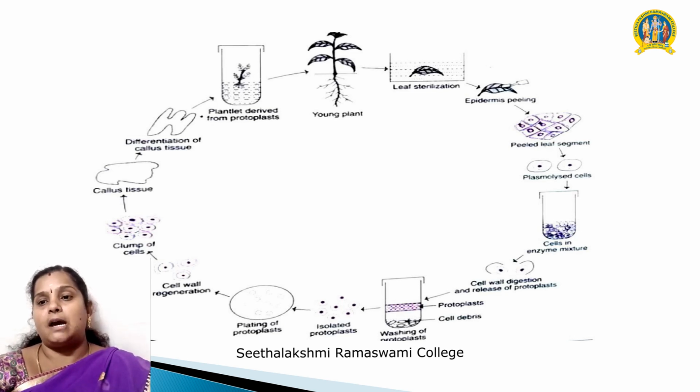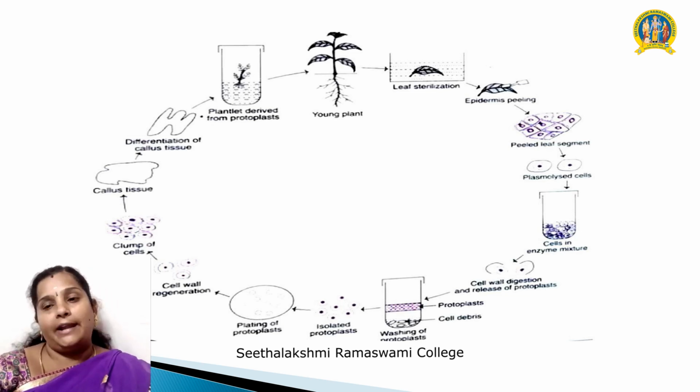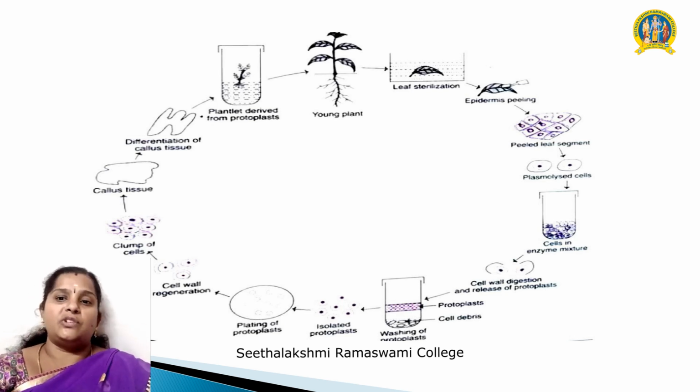The protoplasts are isolated and plated before selection and viability test. Afterwards, cell wall regeneration forms a clump of cells and callus tissue. The callus tissue is nothing but an undifferentiated group of cells.